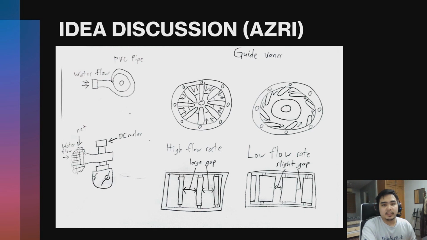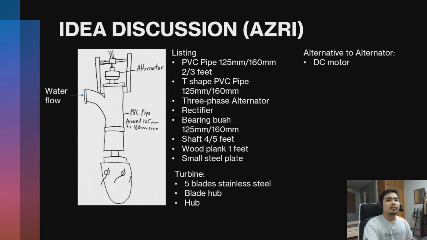For that, I changed the design slightly, and this is currently my idea, which is we remove the guide vanes, and for the turbine, as the problem is more towards a high flow rate, my idea was to have the blade fixed at the high flow rate position, so the gap between the blades will be more open.